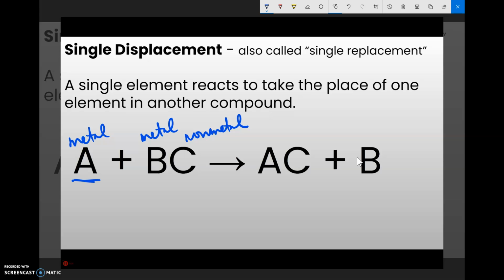Since A is a metal, it's going to replace B. So over here you get A, your metal, replacing the B and bonding to the nonmetal C. And then the B is all by itself on the product side.